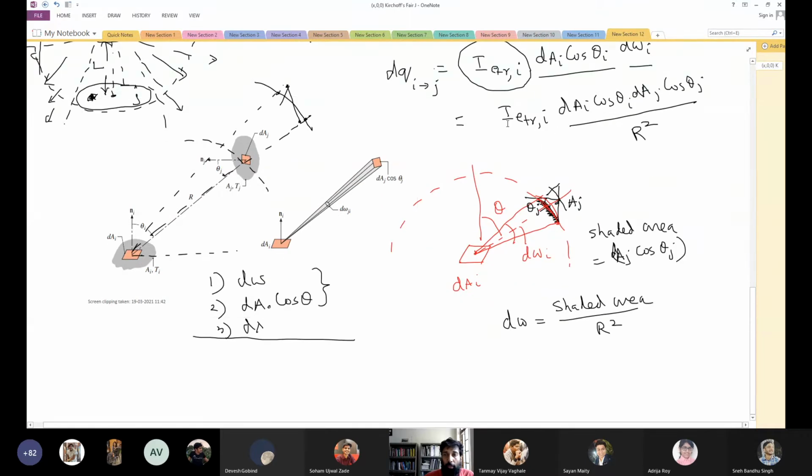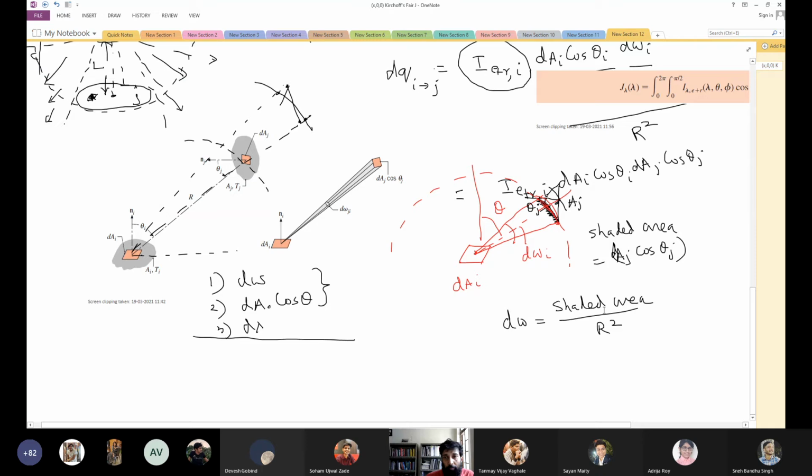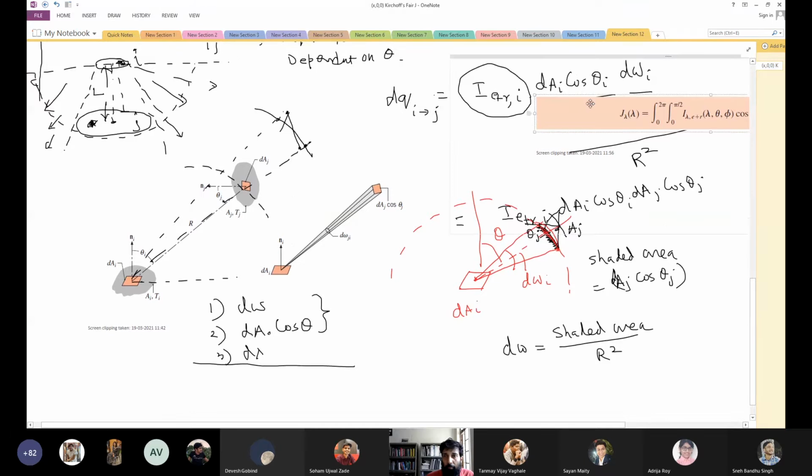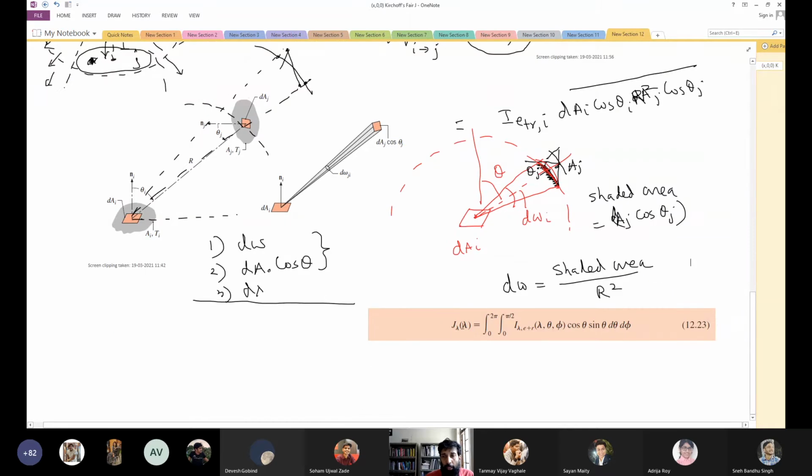Now we'll replace this with the quantity J, so there will be a factor coming. This is the spectral radiosity, that is, the radiosity intensity integrated over the hemisphere.